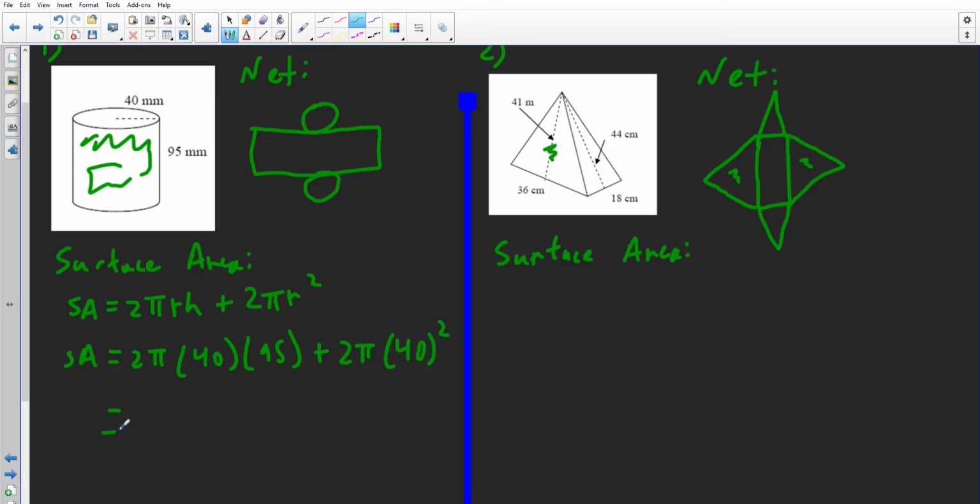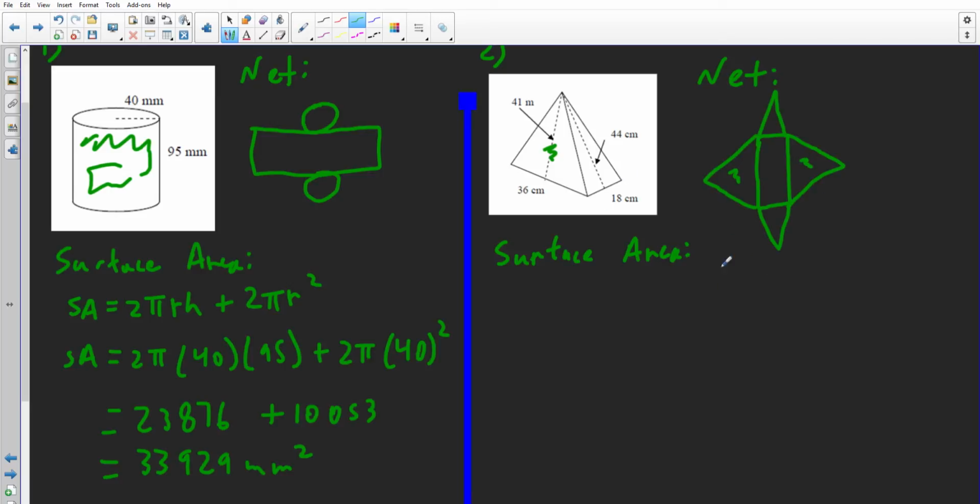So if you type that all into your calculator, you're going to get 23,876 plus 10,053, which is just equal to 33,929 millimeters squared. So that is actually the total area of the whole outside of the cylinder, or the whole net. And that's all you need to do because you found the total surface area using the correct formula.